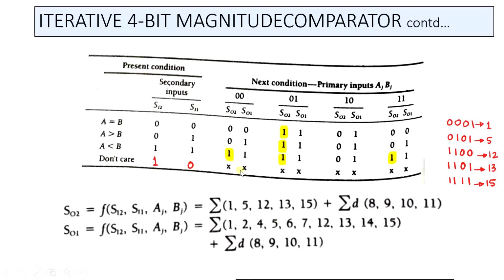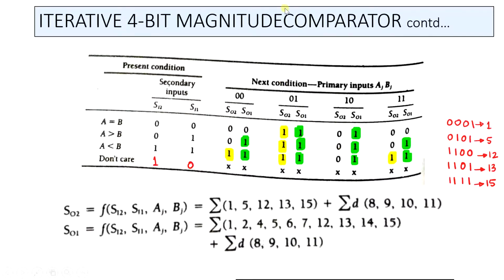So XX means it will be either 00, 01, 10, 11. So 1000 corresponds to 8, 1001 corresponds to 9, 1010 corresponds to 10 and 1011 corresponds to 11. The same don't care terms are to be used for the second bit also.